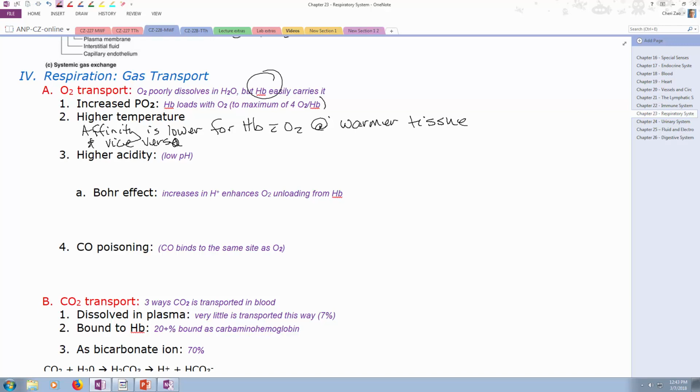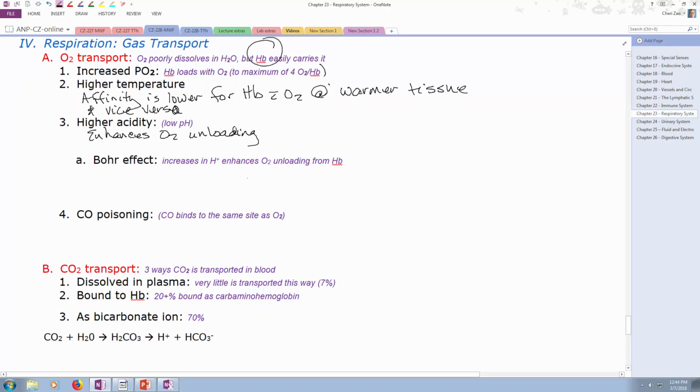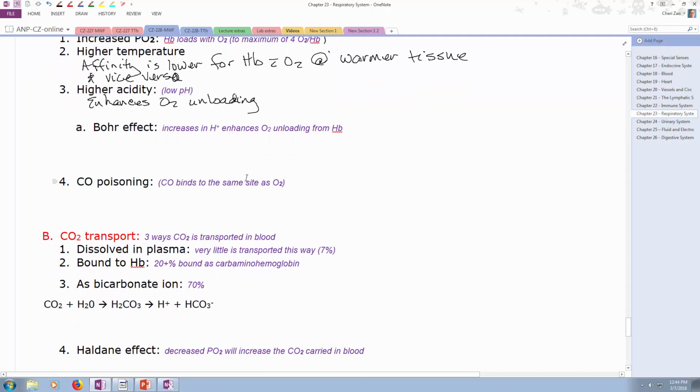And one of the things I want you to always link in your head from now on, high CO2 means low pH. And so higher acidity or low pH enhances O2 unloading from hemoglobin. So high acidity enhances O2 unloading, which is good because very active tissue that's metabolically active will be producing more acid byproducts, and we need, therefore, more oxygen for that active tissue.